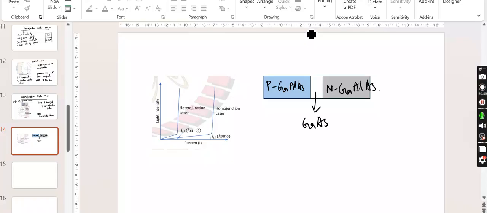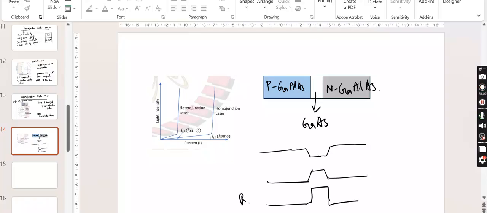So again the band gap will be like this, and the refractive index will be like this. That is the refractive index, that is the band gap.